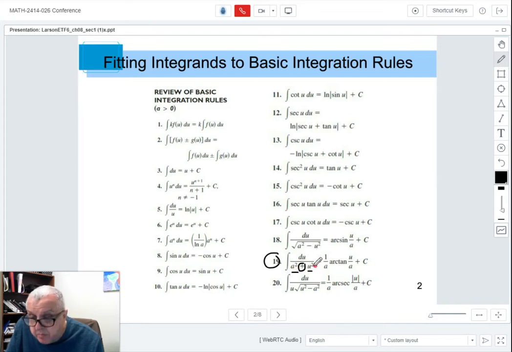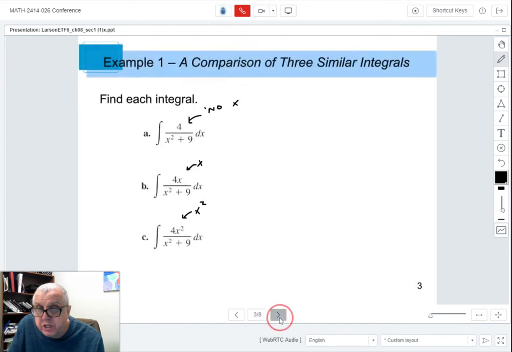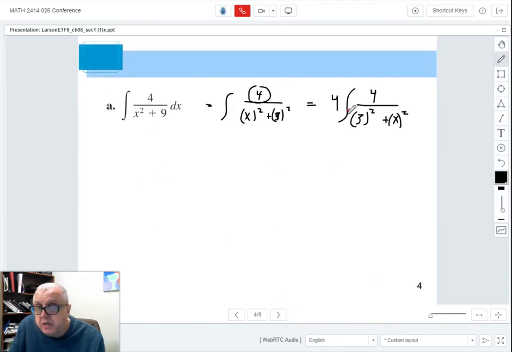So if I can make an a and a u and a du out of our problem, which I think I can, we're good to go. If you notice, this is a squared and this is u squared. So a in our case equals 3 and u equals x.